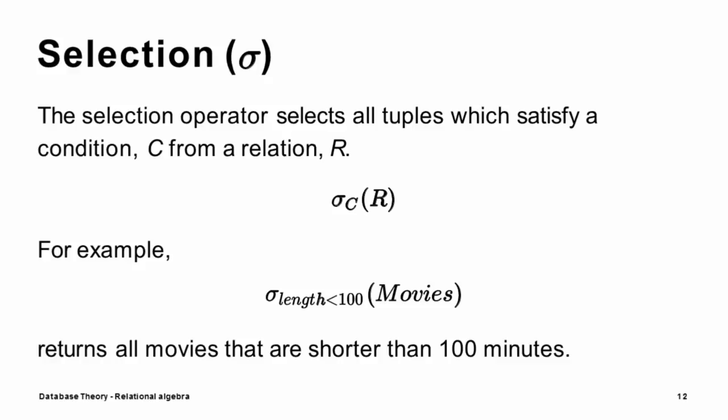So for examples, we have here from that movies relation: show me or get me all those movies that have a length which is less than 100 minutes. So that sigma is the selection. The condition is what you have there as a subindex, and it operates on the movies relation.